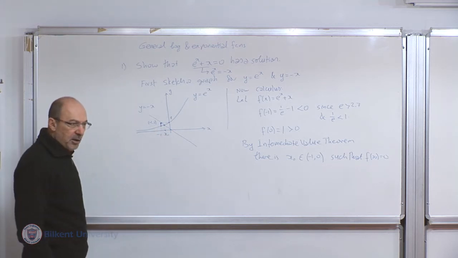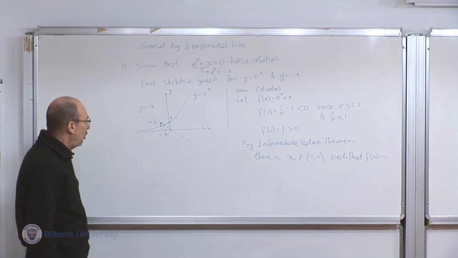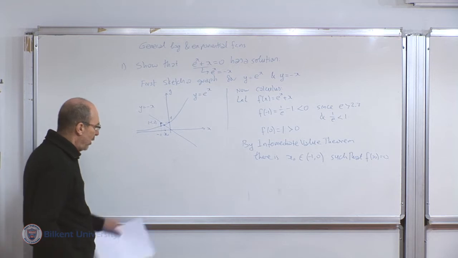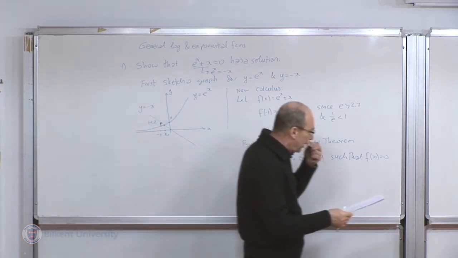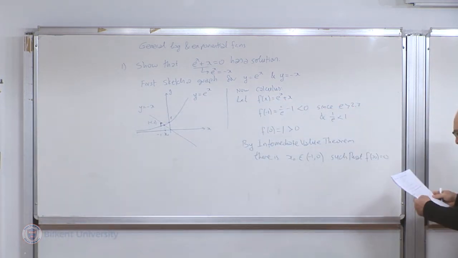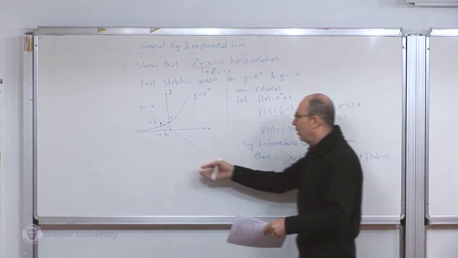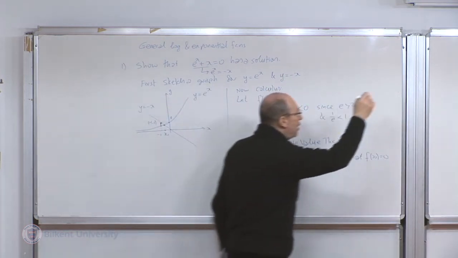Okay, so the next thing is to find an approximation for this point. We are expecting that x sub 0 will be some value between minus 1 and 0. So one method that comes to mind is to use Newton's method. Let's write this here.